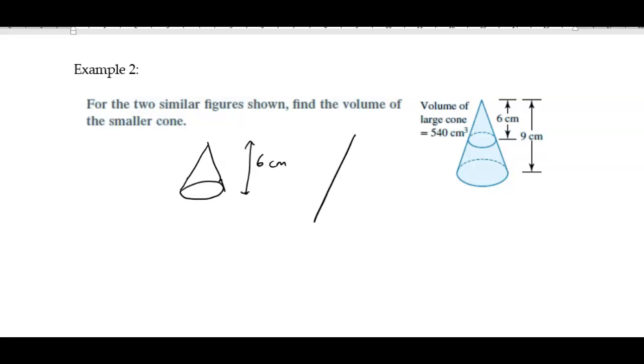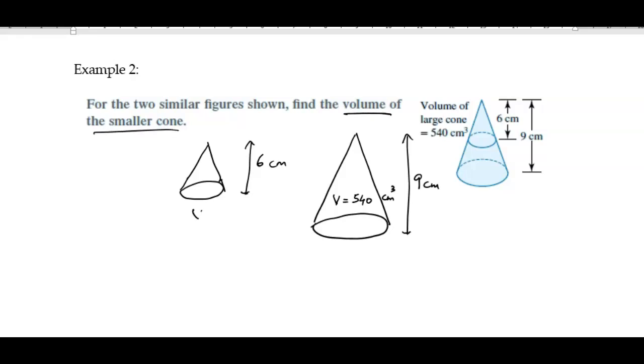And the larger cone, which has a height of 9 centimeters. I know the volume of the larger cone is equal to 540 centimeters cubed, and the question is to find the volume of the smaller cone.